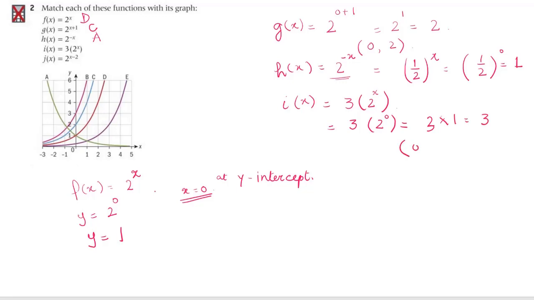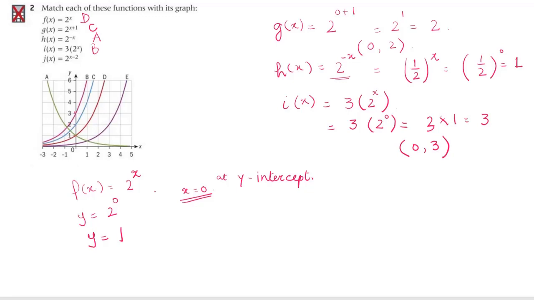So the coordinates of the y-intercept would be 0 and 3. Let us check which graph has the coordinates 0 and 3. B. So i of x represents B.